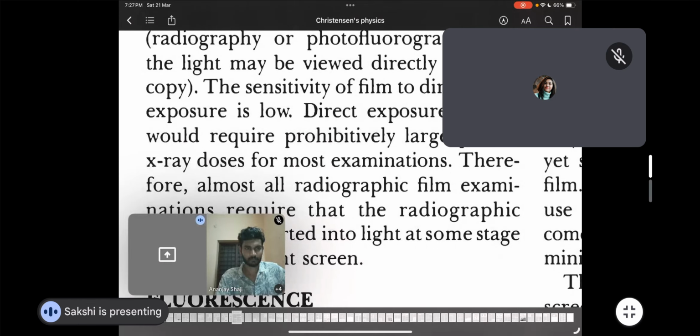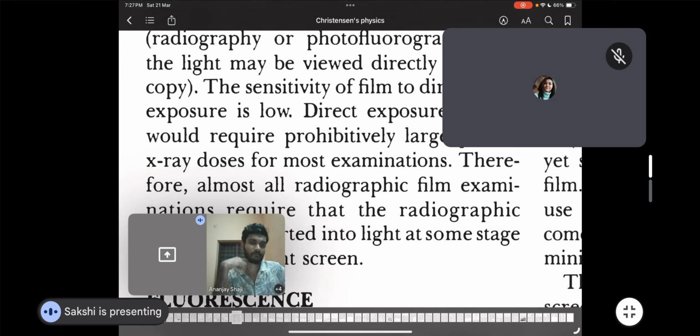Now next topic is sensitivity of the film. What do you know about sensitivity of the film? Think about it. The speed of the screen to convert X-rays to light fast. So how sensitive it is? You are giving the X-ray and it is converting that into information.